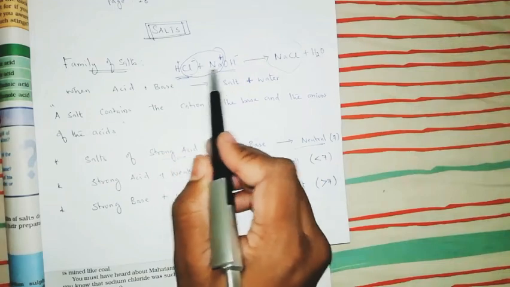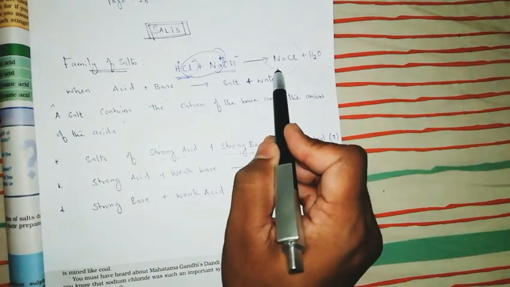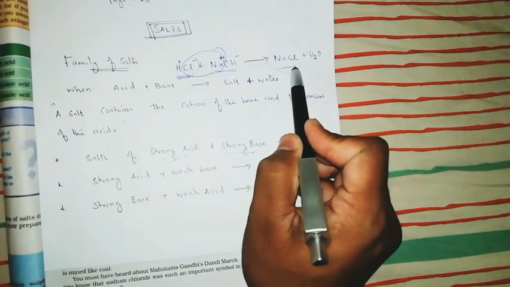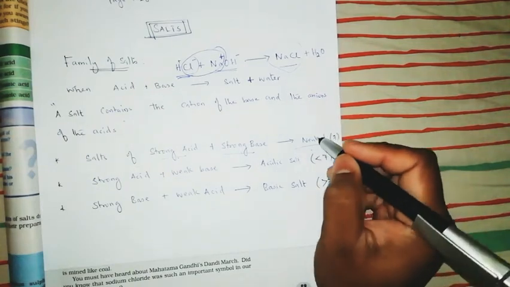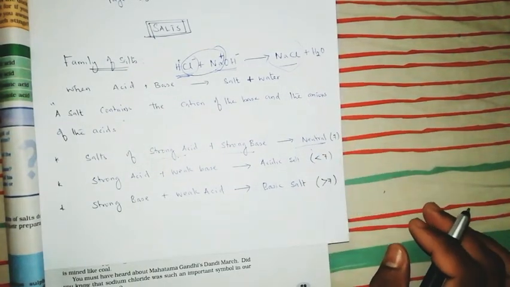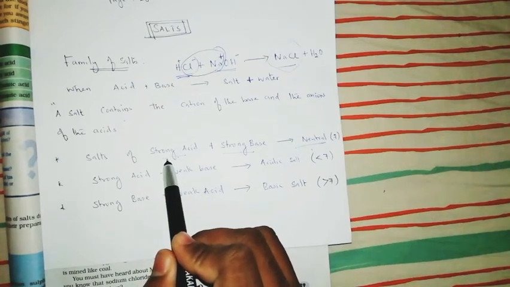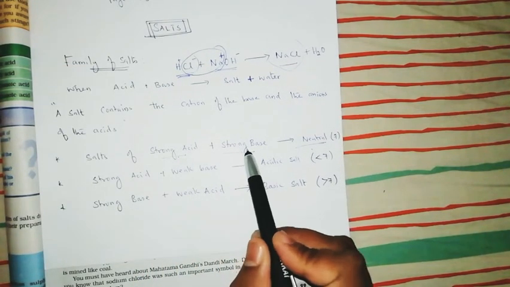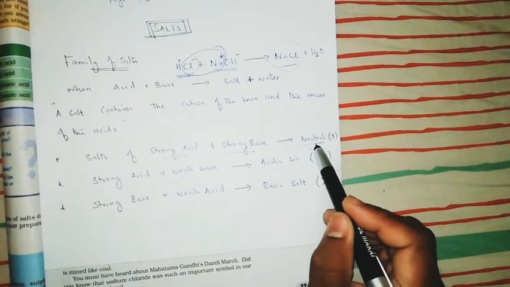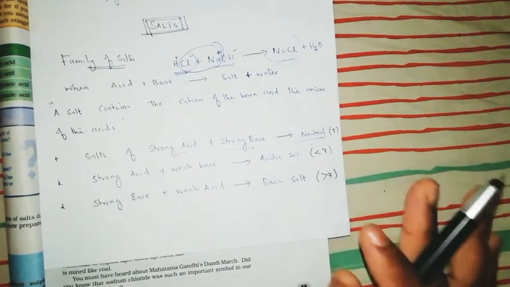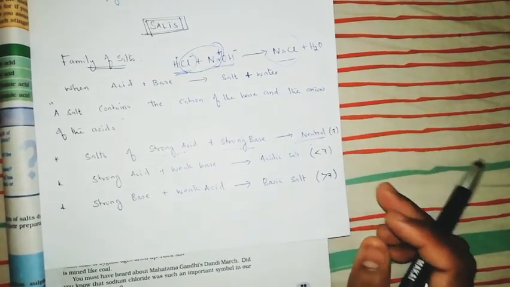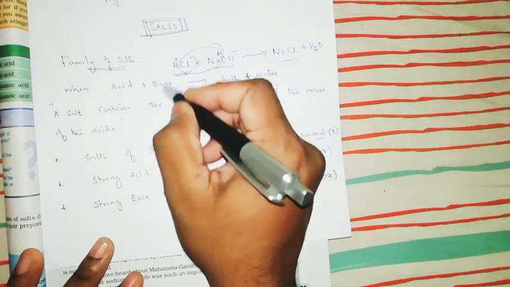When these two combine together, it gives what salt? Sodium chloride. And this sodium chloride is always neutral. That's what I want to tell you. When the salt is produced by adding a strong acid and a strong base, it is always neutral. The pH is always 7. Neutral means always 7. So you can take this example.